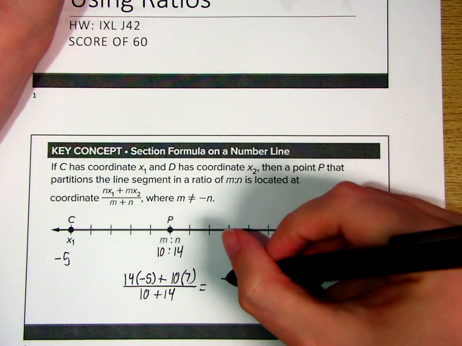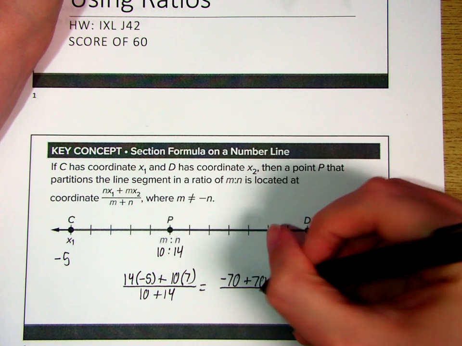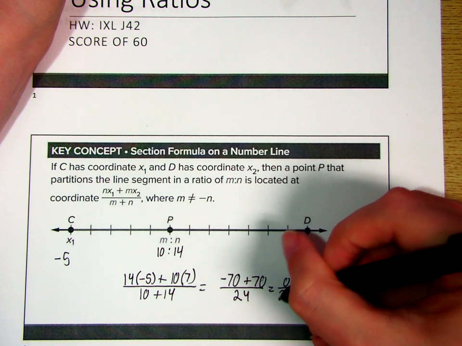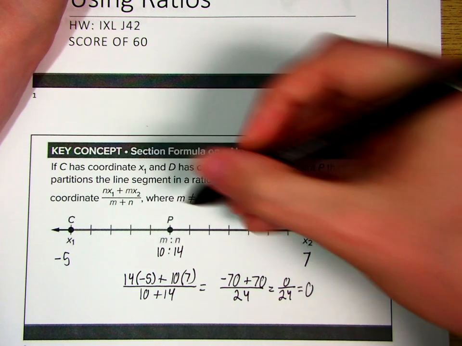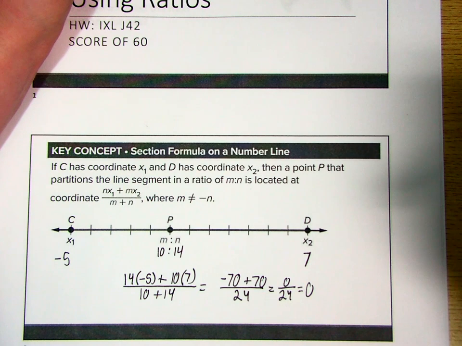We get -70 plus 70 over 24, or just 0 over 24, or just 0, telling us our point P has a location of 0 on the number line.